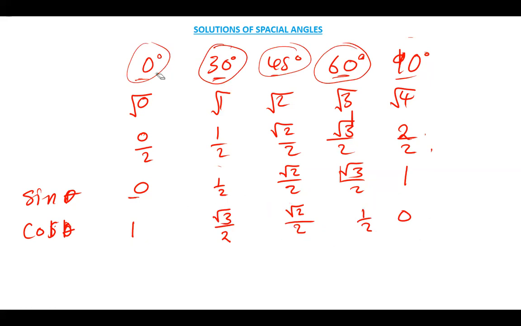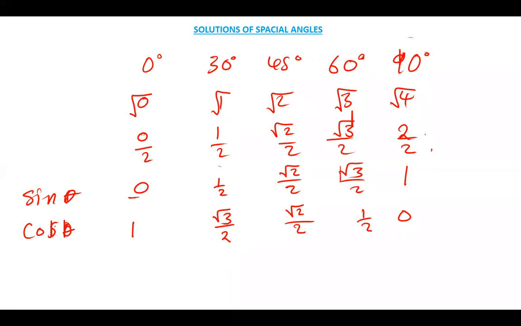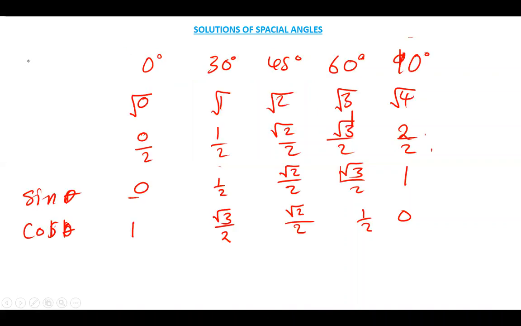So now, how about tan? How do we deal with tan? Remember what I told you? Tan theta is simply equal to sine theta over cos theta.